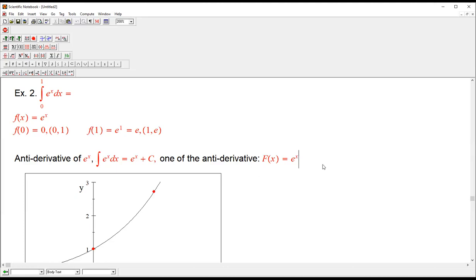So I have the lowercase f, which is set in the theorem, and I have the uppercase F, which is the antiderivative of the lowercase f of x.